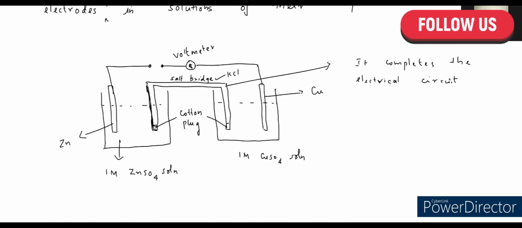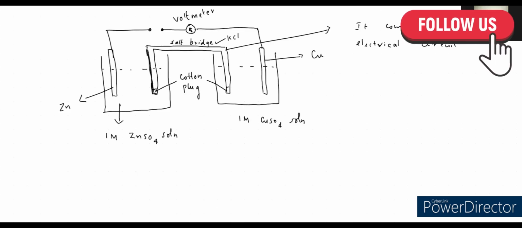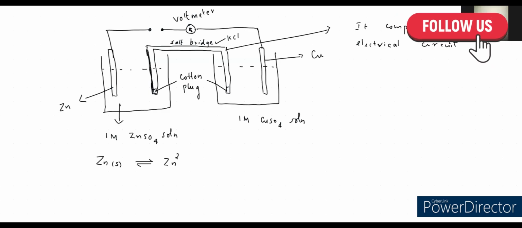Now let's see what are the reactions that are taking place in this. On the left hand side where you have zinc in zinc sulfate solution, the spontaneous reaction which is taking place here is that the zinc rod ionizes, or gets converted to Zn2 plus. It moves into the solution in the form of Zn2 plus.